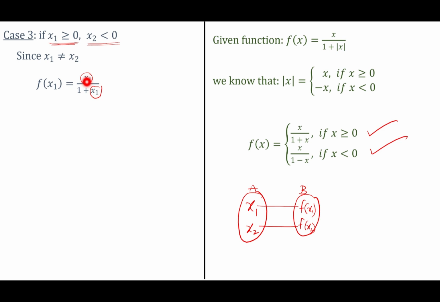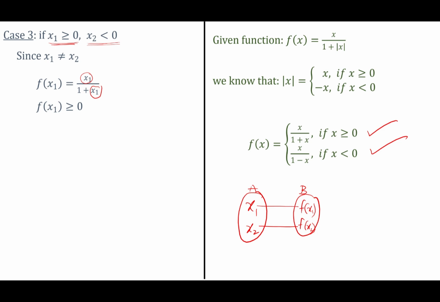If I take 1, so 1 over 1 plus 1, 1 over 2, 0.5, which is greater than 0. So if I take any positive values of x, I am getting greater than 0. So f of x1 is greater than or equal to 0, because if I choose x1 as 0, I get 0.